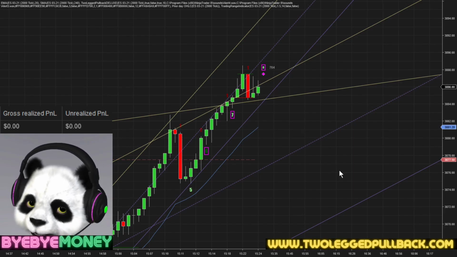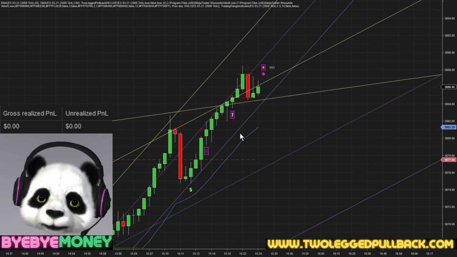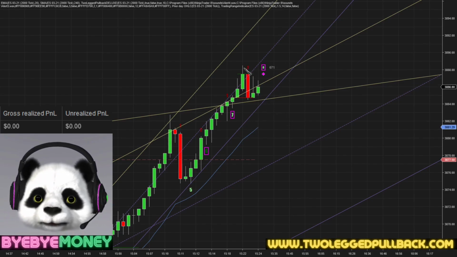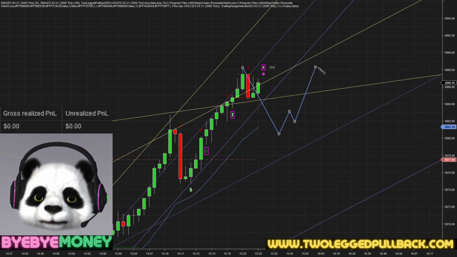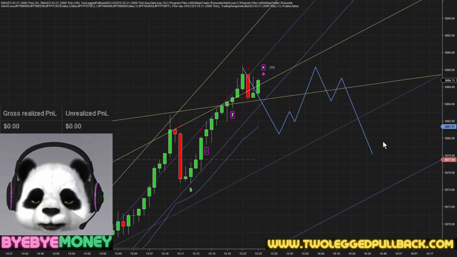Typically, what we want to see is, first off, primarily we want to see a break of this trend line. So the chart will look something like this. It will break down. It typically will make one more two-legged pullback up, and then what we want to see is actually push down, push up. This is the sequence that we want to see here.